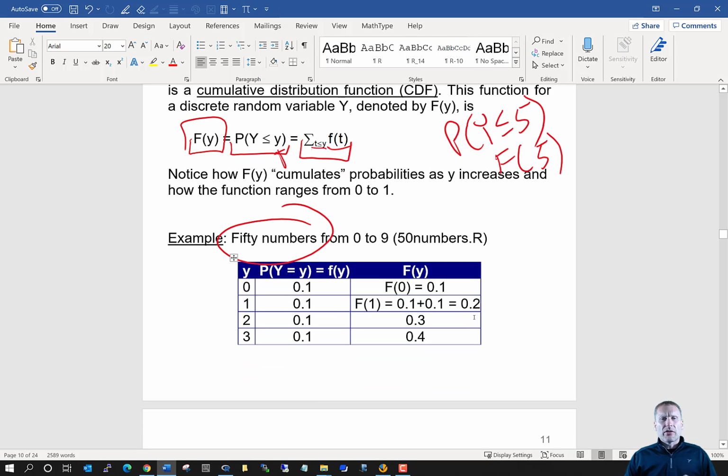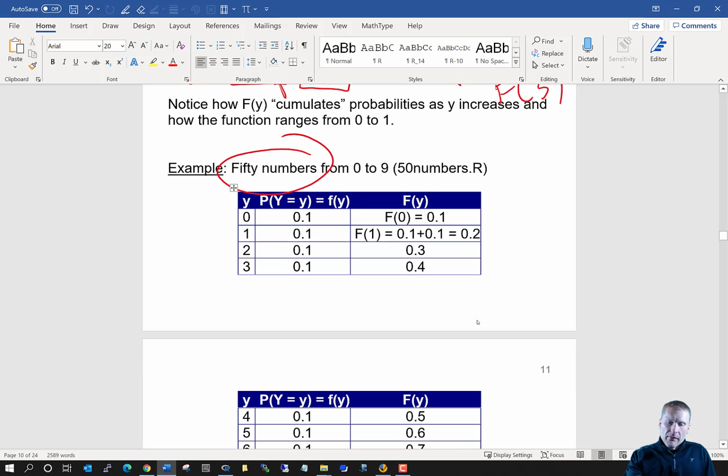The key is to understand that the CDF is just a way for us to accumulate probabilities as a function of y. So with our 50 numbers example, little f of 0 was equal to 0.1. If I'm interested in capital F of 0, in other words, the probability that Y is less than or equal to 0, that would simply be 0.1 as well.